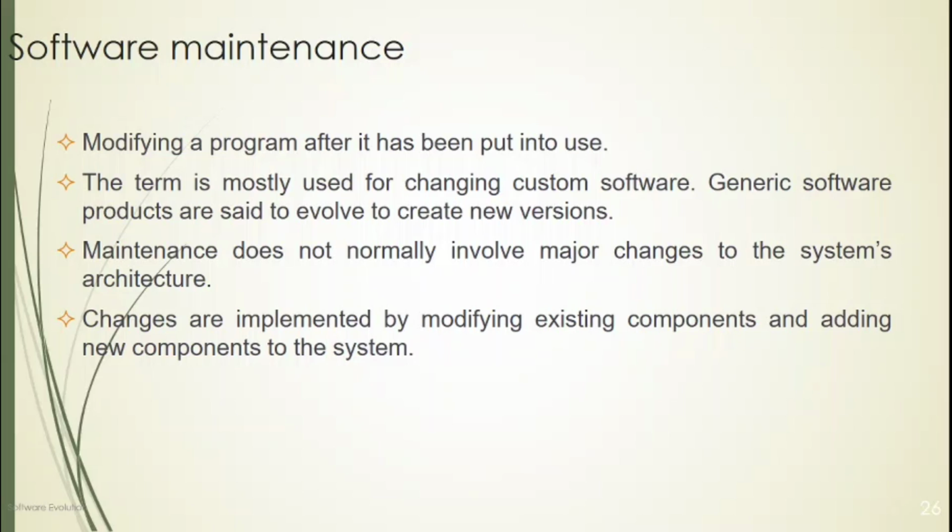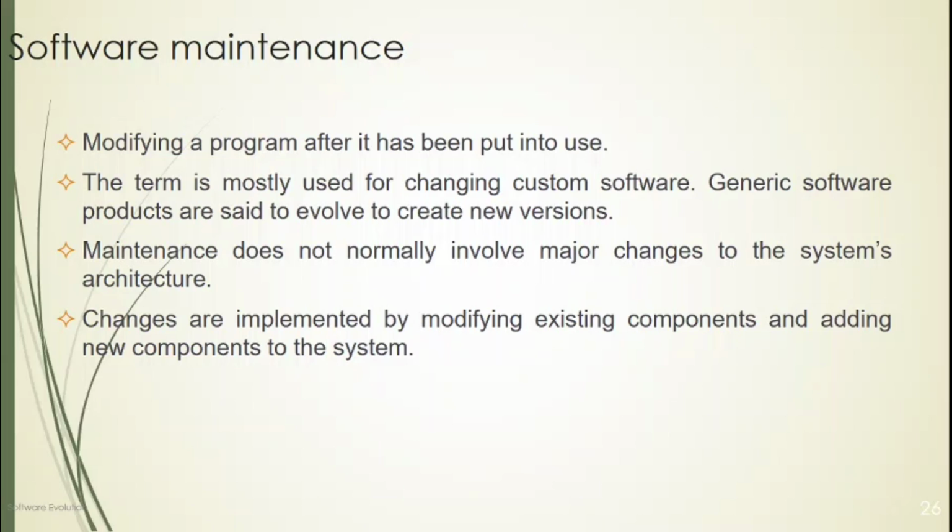Software maintenance. Once you develop the product, the system, then comes software testing. If you find any error, you will make the changes or fix the bugs and return it to the implementation team. After that, the product is released to the customer. Then if the customer requires any evolution by adding any programs, then evolution has to take place.